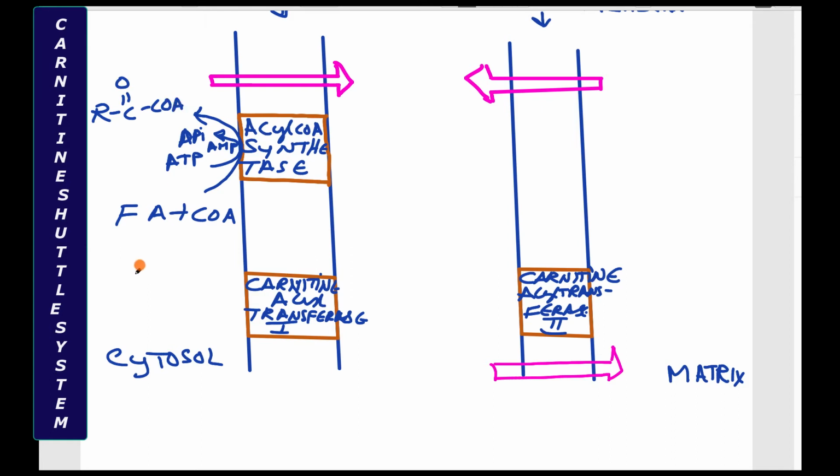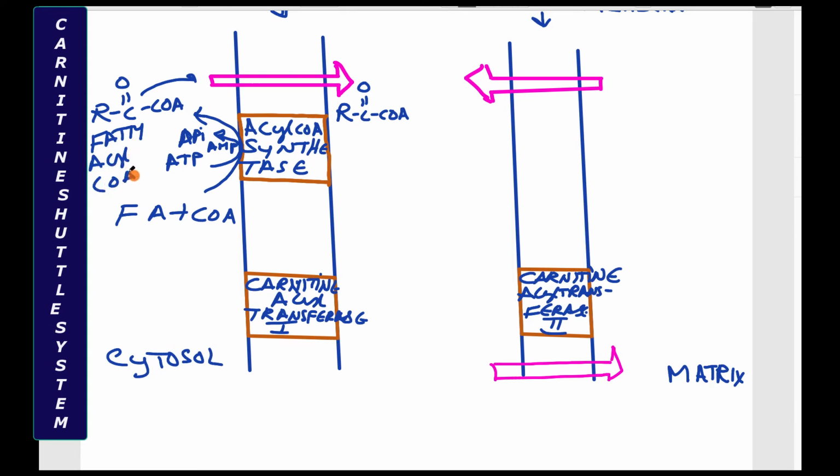This acyl CoA goes inside. This is what we call fatty acyl coenzyme A.